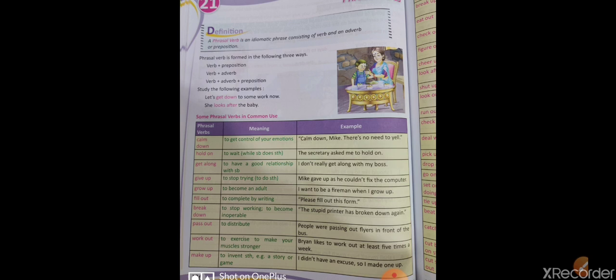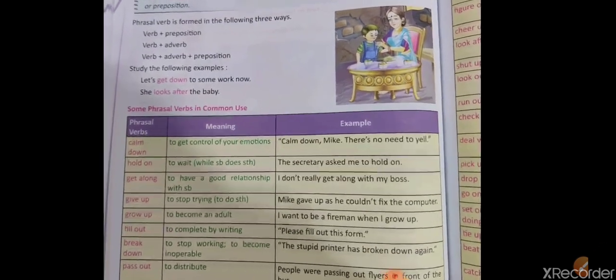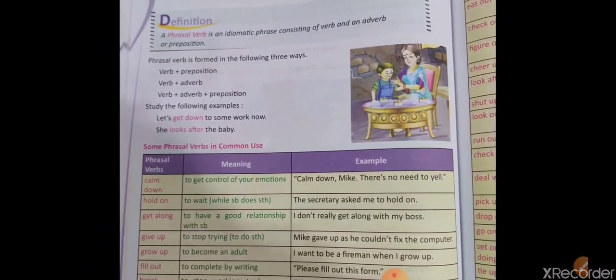Now a phrasal verb is formed in three ways. Either it has verb and preposition, or verb and adverb, or verb plus adverb plus preposition. For example, verb plus preposition is make up, right? And if we have verb, adverb and preposition, we can write cut back on something, right?